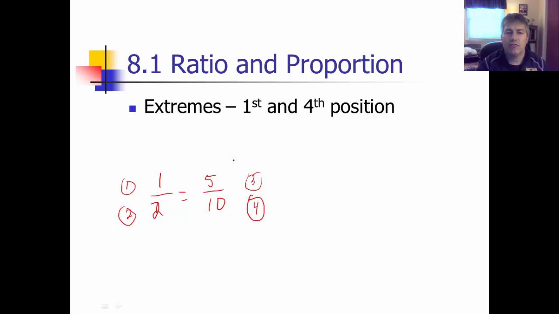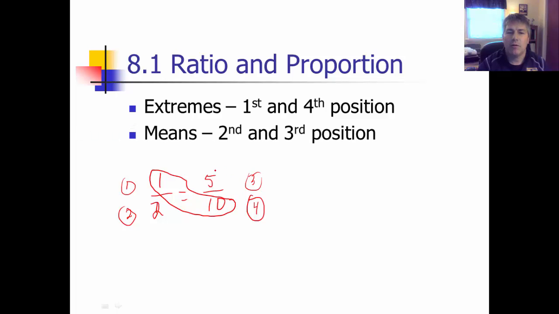The extremes are in the first and fourth positions. So we'd say 1 and 10 are the extremes. If you look at that, those would be the high and the low. The highest number is 10 and the lowest number is 1. Those are the extremes.